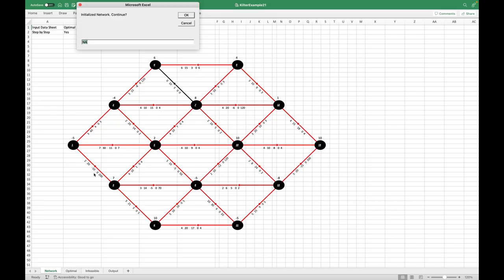Another case, for example here, the adjusted cost is negative, so the flow must equal the upper bound, 20. So we have 20 of infeasibility. Not just infeasibility, but infeasibility plus not satisfying the optimality condition, 20.